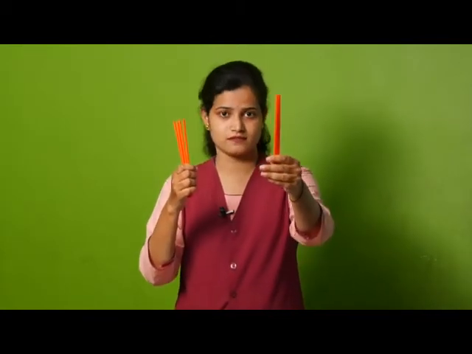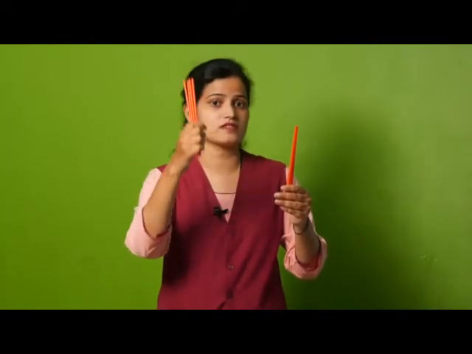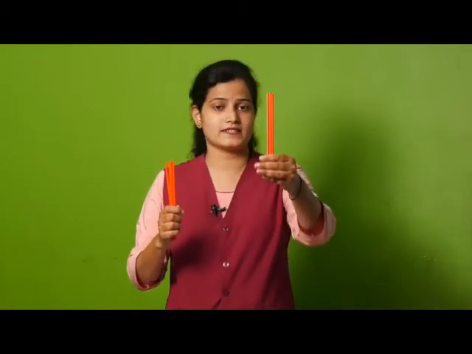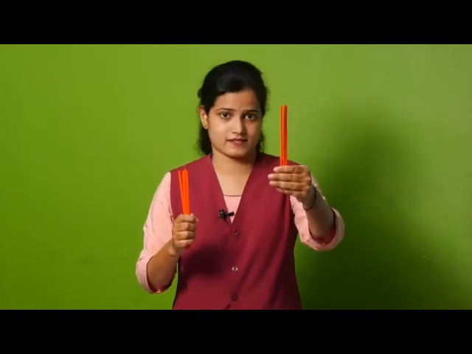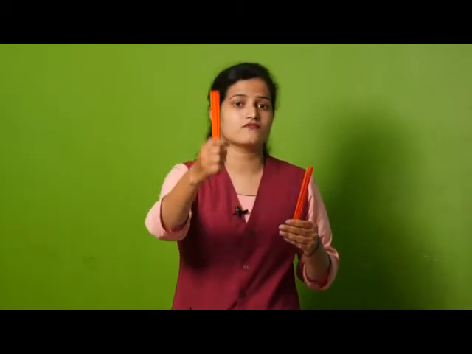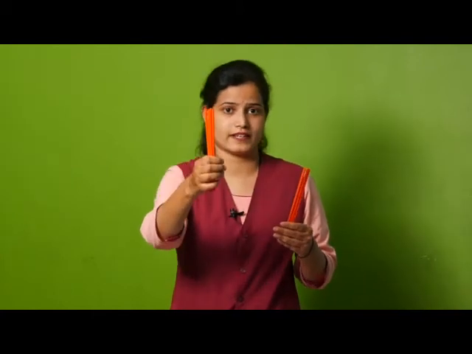Is it this? No? Then this one? Yes, correct. So these are 5. So this is more, greater, and these are less, smaller. So this 3 is small and this 5 is big or greater.